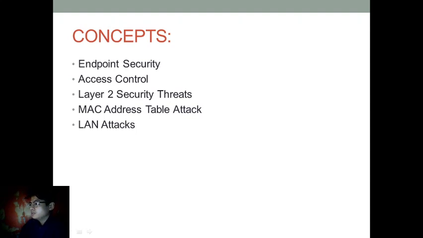In endpoint security, the news media commonly covers attacks on enterprise networks. Simply search the internet for latest network attacks to find up-to-date information on current attacks. There are 3 current attacks. The first is distributed denial of service, or what we call DoS.